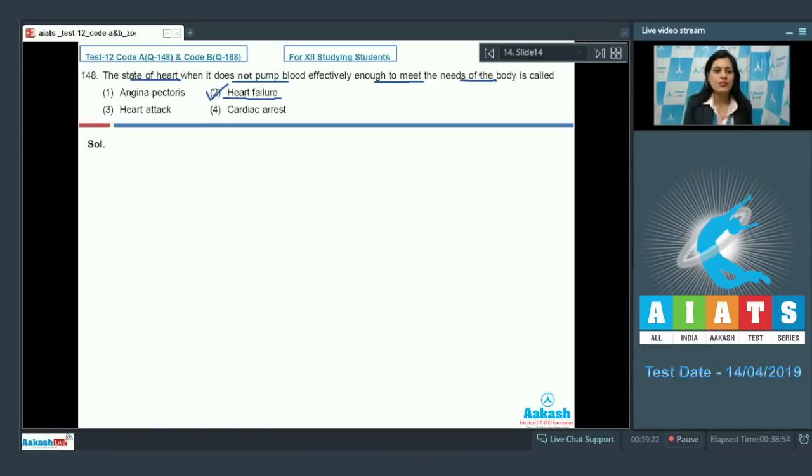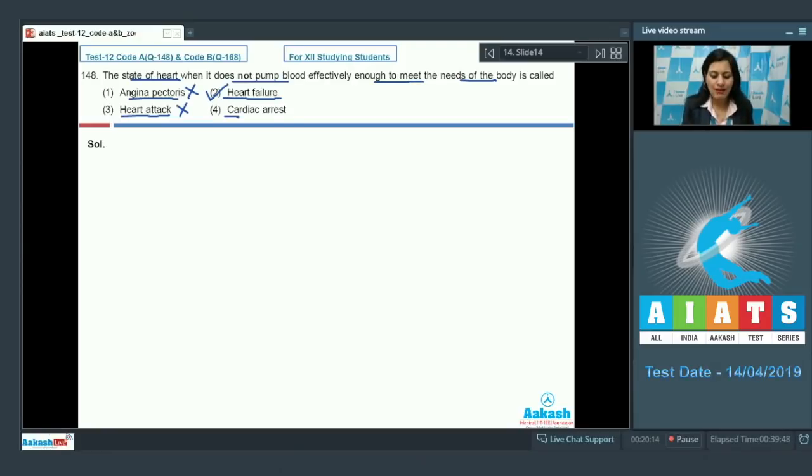Let's discuss rest of the options. The very first option given is angina pectoris, and this cannot be a correct answer because angina pectoris is a painful condition when enough oxygen is not reaching the heart muscle. The next option is heart attack, and this cannot be a correct answer because heart attack is a condition when the heart muscles are suddenly damaged by inadequate blood supply.